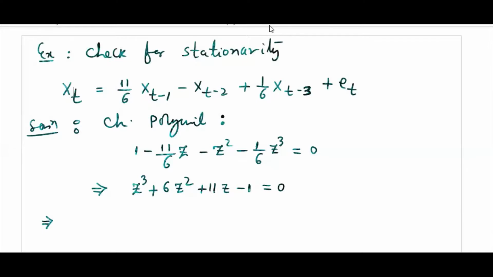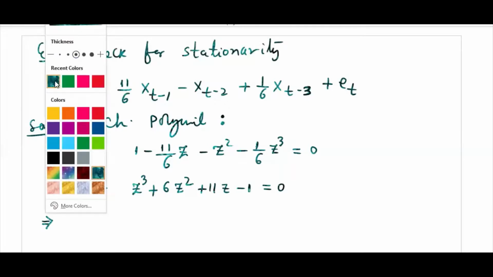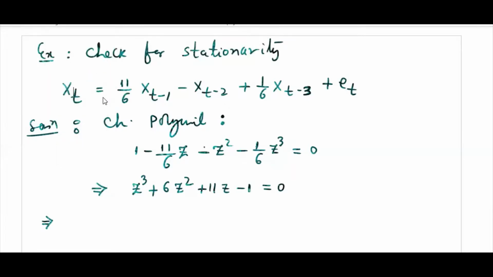So if I check here once again, 1 minus 11 upon 6, you should get plus this one, minus. So let me replace it by this. Then this is positive, this will be negative, and this will be positive, this will be negative.